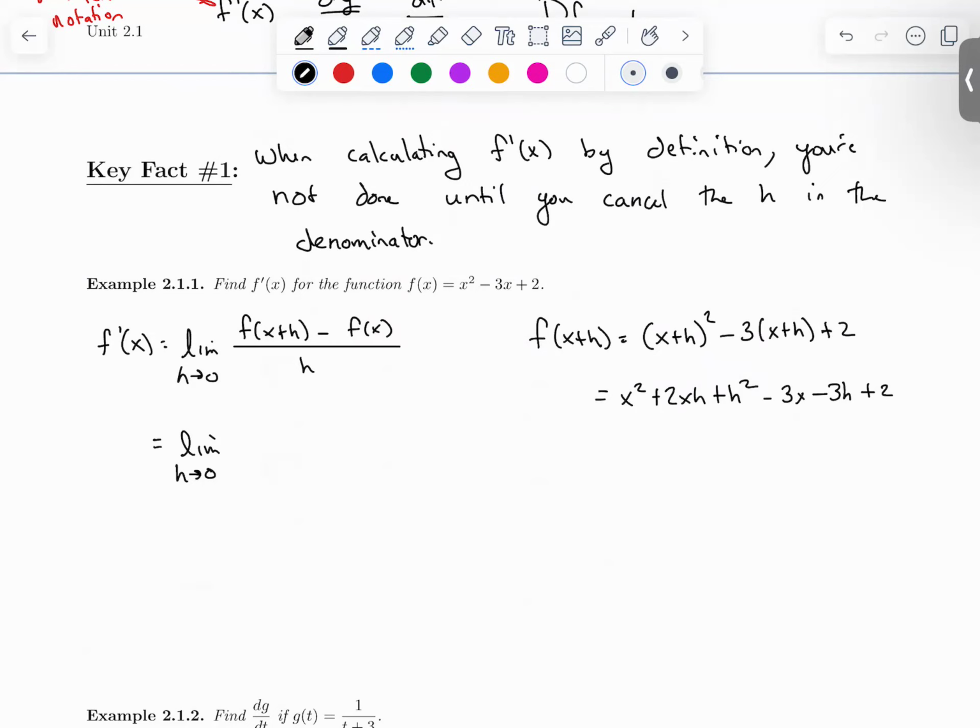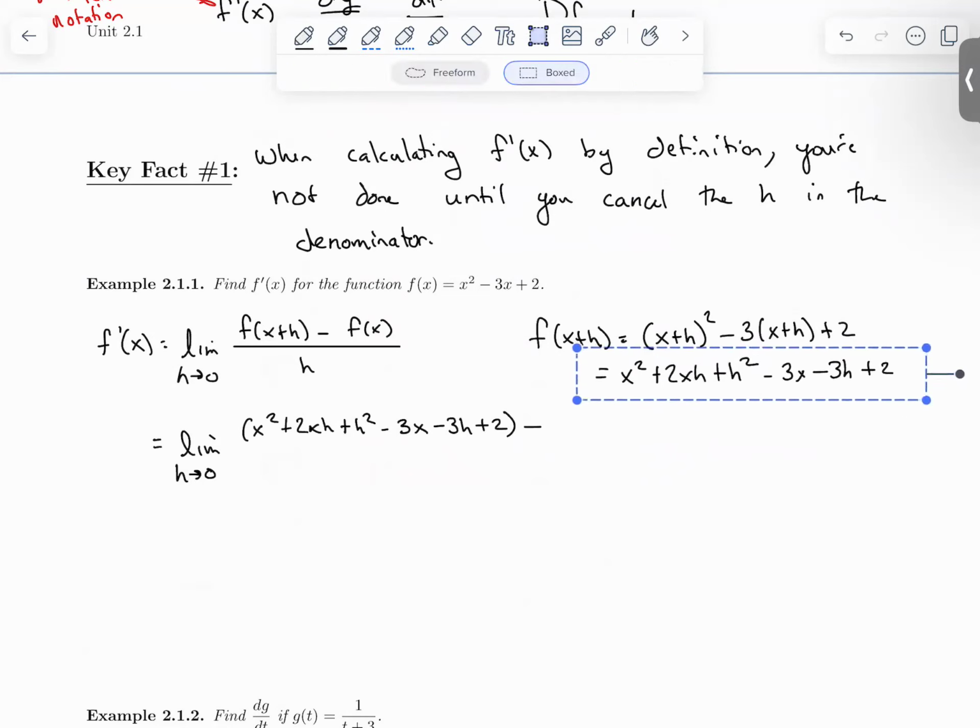So the limit as h approaches 0 of x squared plus 2xh plus h squared minus 3x minus 3h plus 2 minus, one last time, so I'll let you write that down. And one last time, John Doe is going to be wrong.